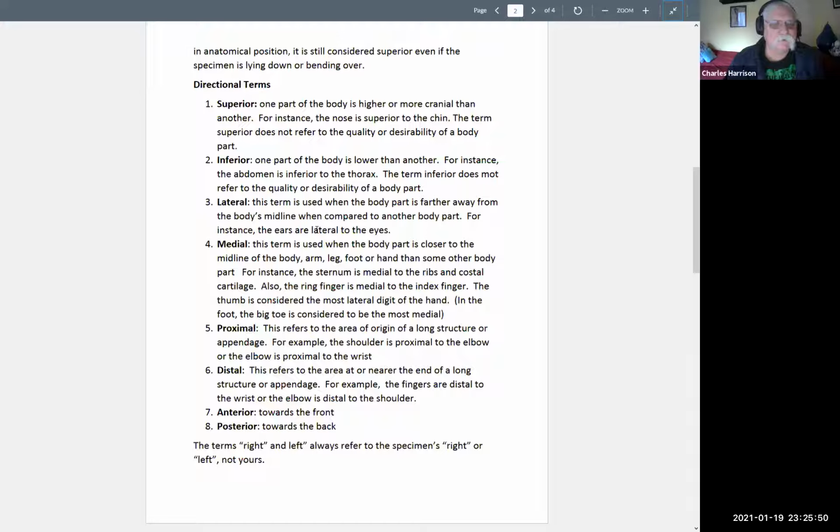They shouldn't be. You want the palms showing. Okay? If the palms are now showing, your thumbs are lateral to all four of the other digits on each hand.